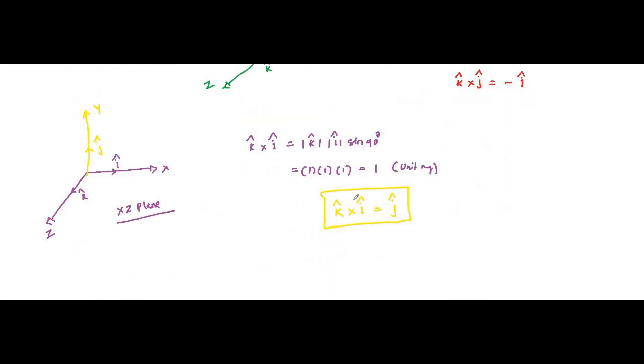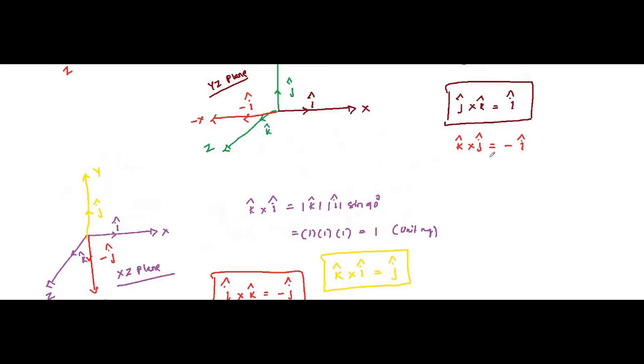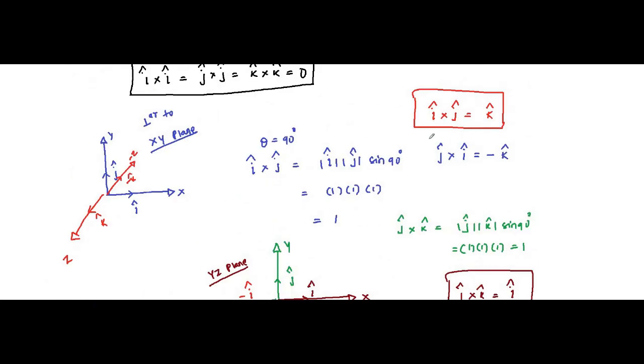Similarly, if we change the order here, i cap cross k cap, it will be minus j vector, opposite to the y axis, in the minus y direction. So these are the important concepts related to unit vectors and cross product.